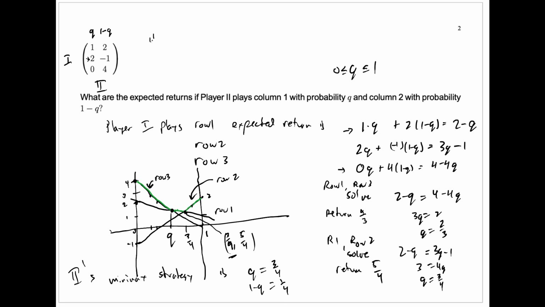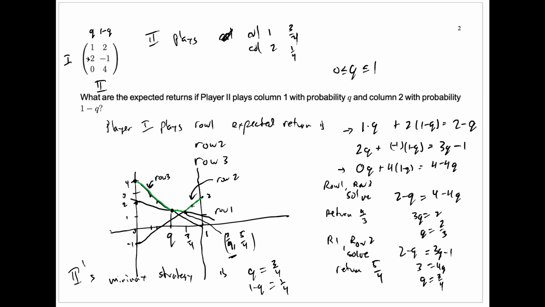That means 2 should play column 1, or should play a strategy, column 1 with probability 3/4, and column 2 with probability 1/4. Now, with this strategy, in what way does player 1 do the best?